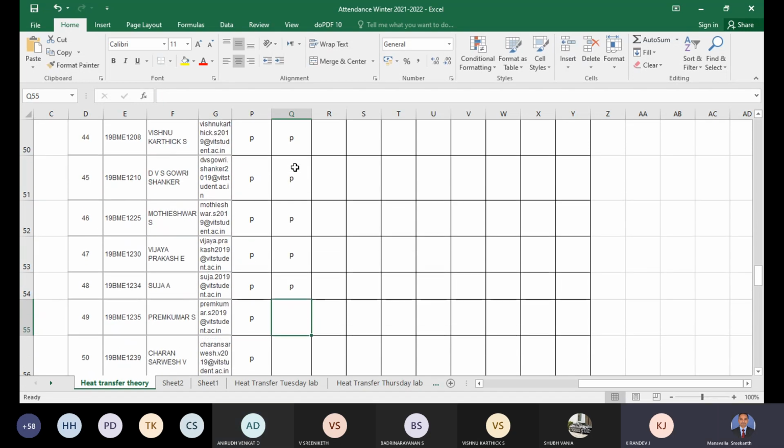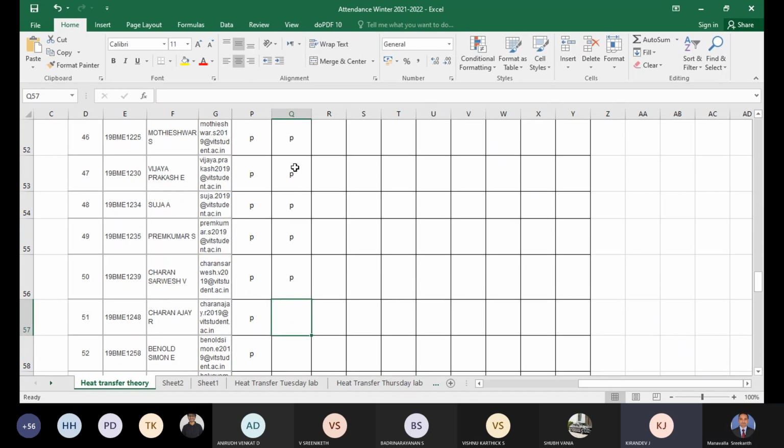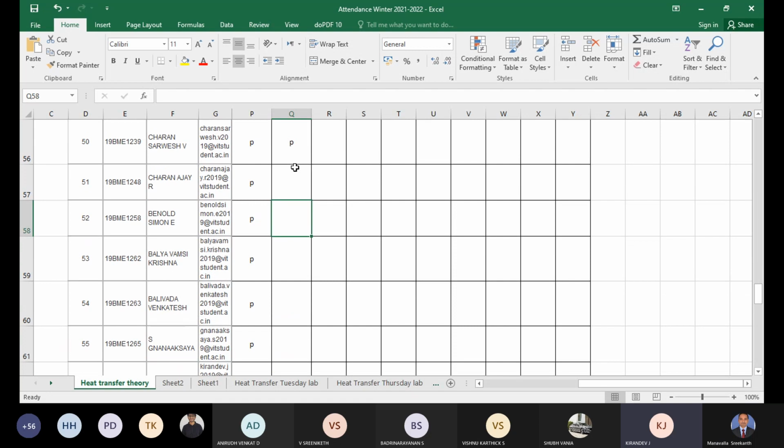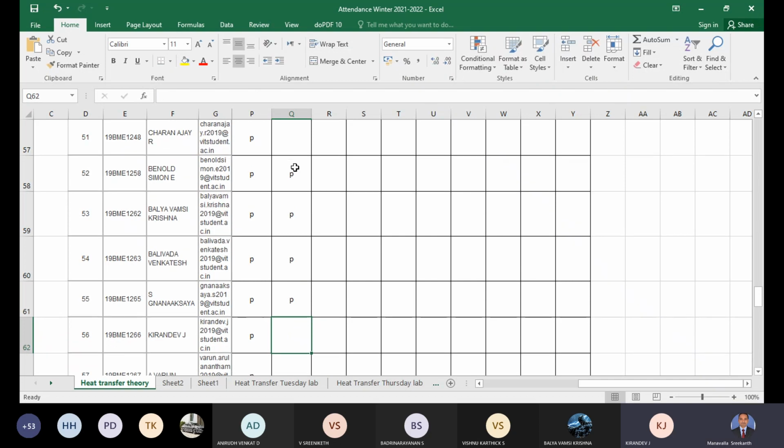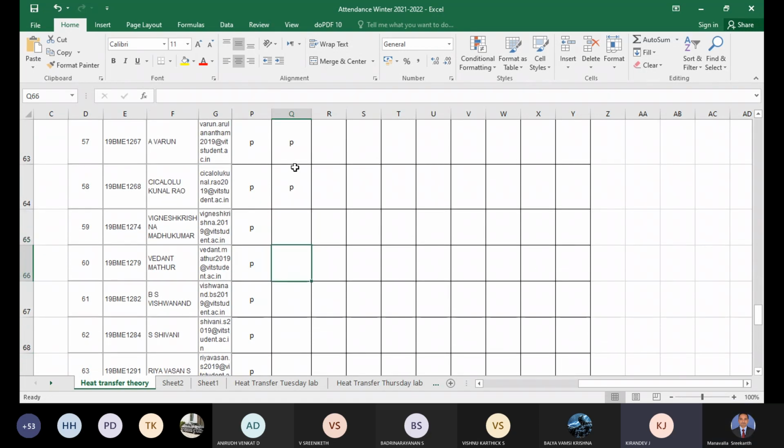Noel Simon, present, sir. Vamsi Krishna, present, sir. Akshaya, present, sir. Dev, present, sir.